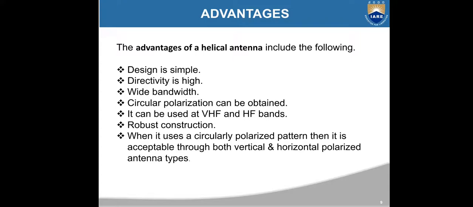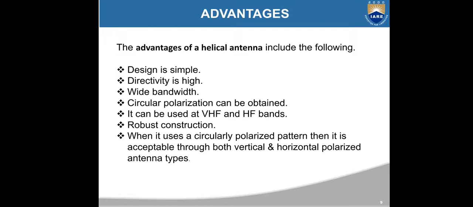The robust construction is another advantage. It has a robust construction, and when it uses a circular polarized pattern, it is acceptable to both vertical and horizontal polar antenna types.